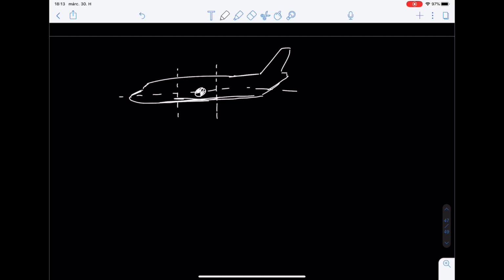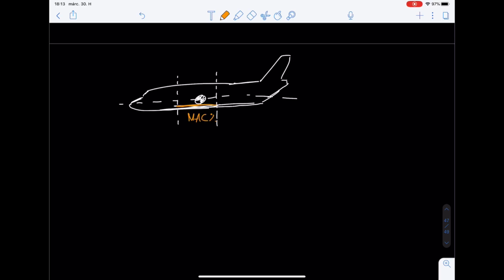And the position is given as a relative percentage to the mean aerodynamic chord of the aircraft. So the center of gravity position would be given as a percentage of the mean aerodynamic chord of the aircraft.